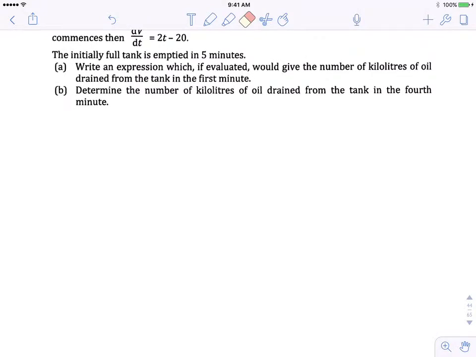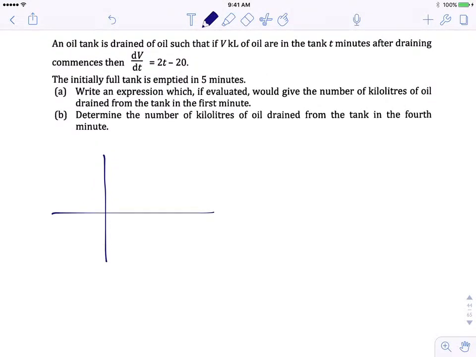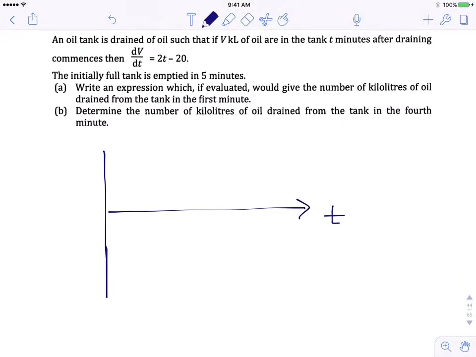So if we look at the graph of this, and it's always good to draw graphs, 2t minus 20. It really doesn't make sense to talk about negative time, so my axis there really should look like this. This is time along here, and this is 2t minus 20. So we can draw this. It starts off at minus 20 and it goes up like that.